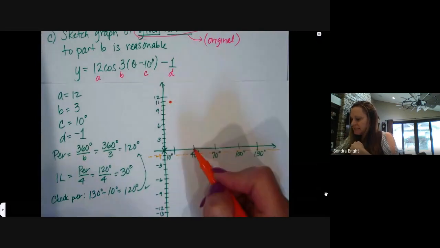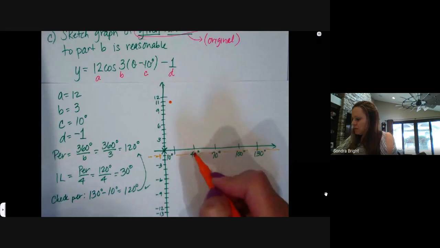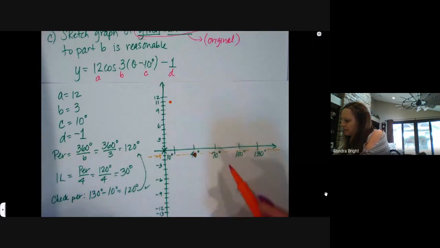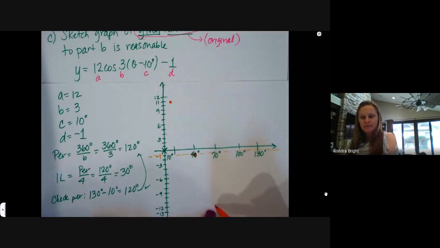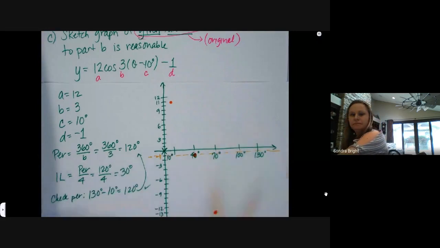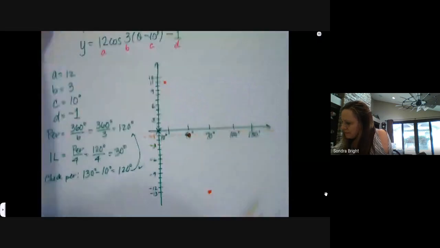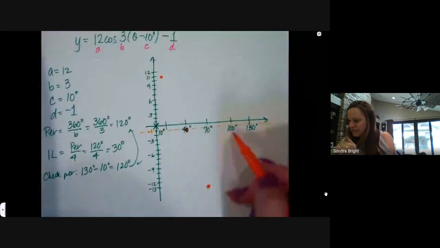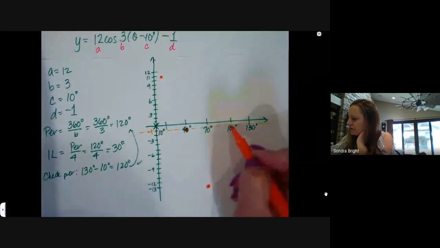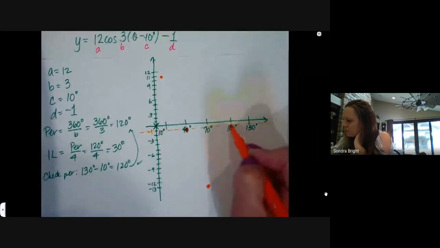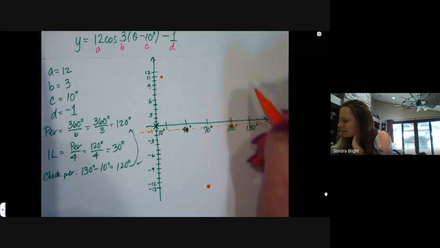At 70 degrees, you would have been at -12, but then you're shifting down 1, so it's at -13. At 100 degrees, you would have been back at 0, but we had shifted down 1, so it's at -1. And then at 130 degrees, you're back up top, which was 12. We shifted down 1, so now it's 11.